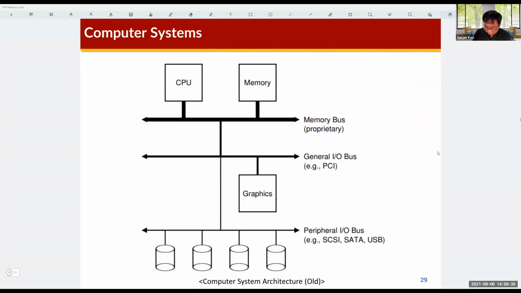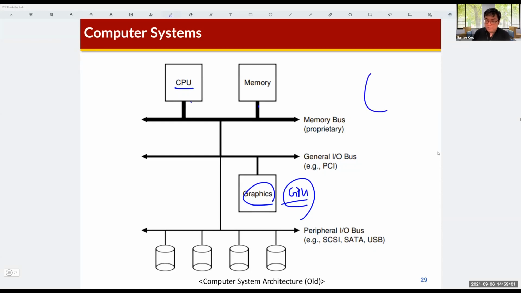Okay. Actually, in the previous slide, we focused on the inside of the CPU, the processor, but the entire computer system is composed of many components like CPU, memory, and graphics, like a GPU, graphics processing unit, and then storage like hard disk drives or solid state drives like SSD.